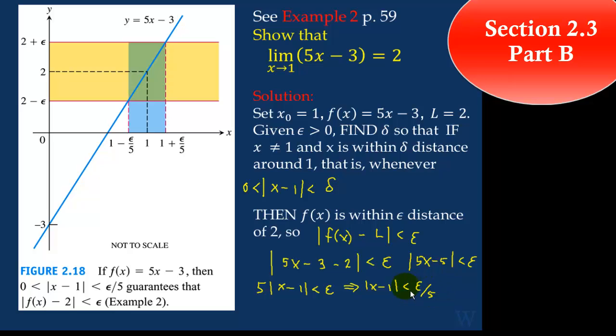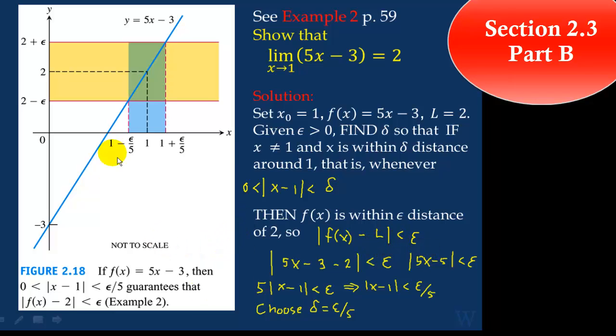So what do you think is a good choice for our delta? Look how this is similar to what we wanted for a distance away from 1. So if we choose delta to be equal to epsilon over 5, then that would mean |f of x minus L| is less than epsilon.